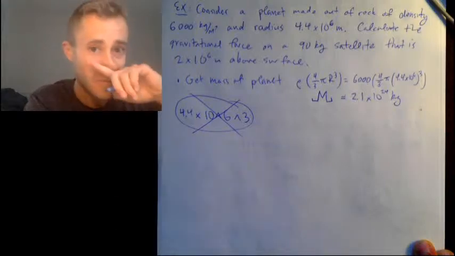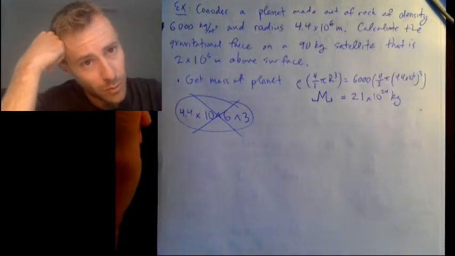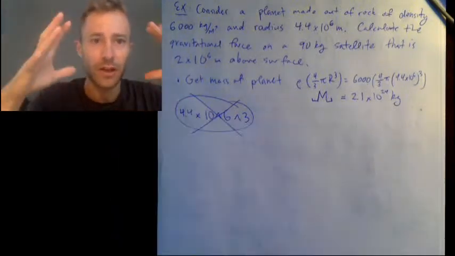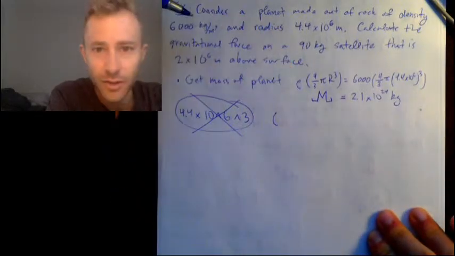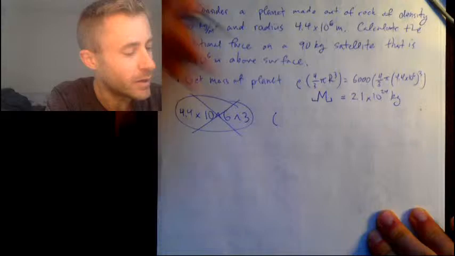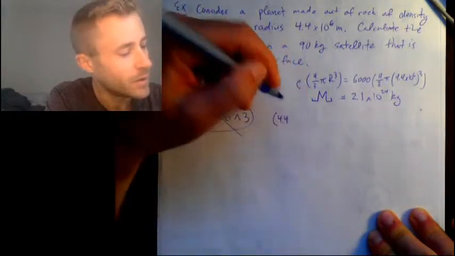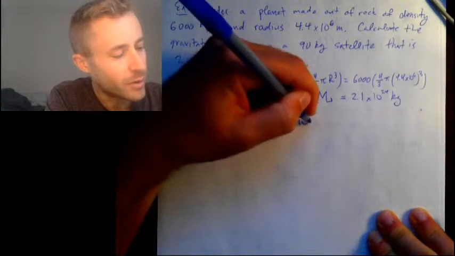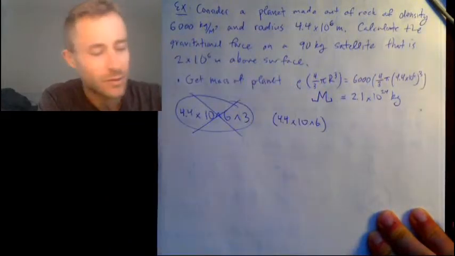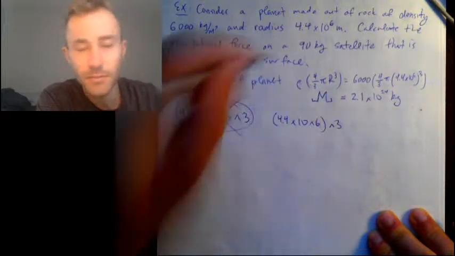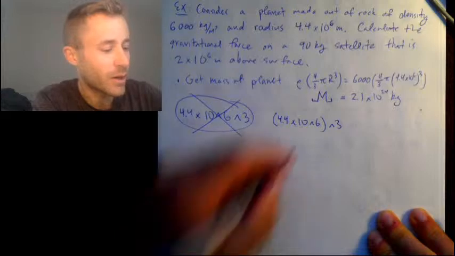Okay? What you want to do whenever you raise a scientific notation number to a power is put that entire scientific notation number in parentheses, and then cube that. All right? So this is the correct way.